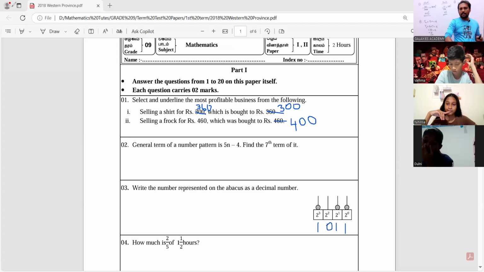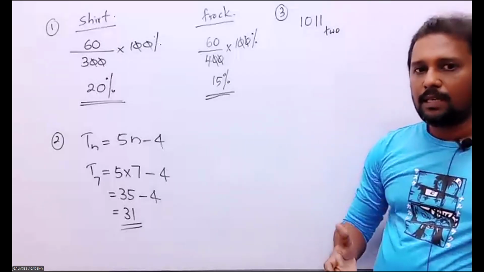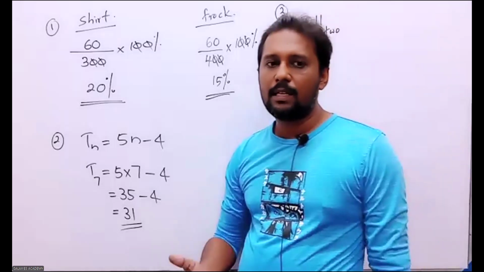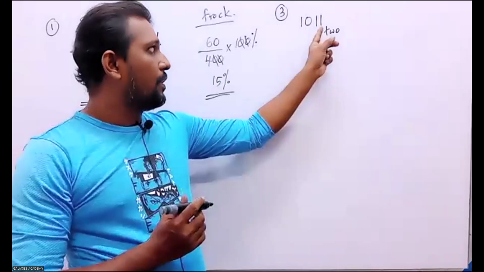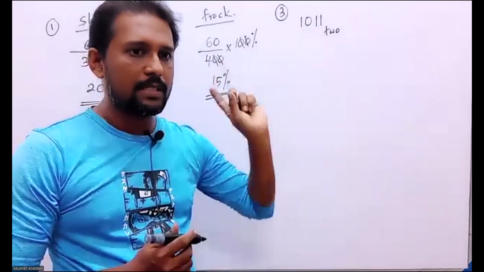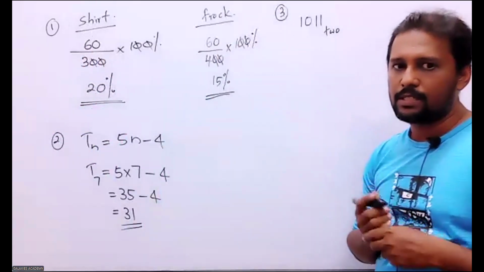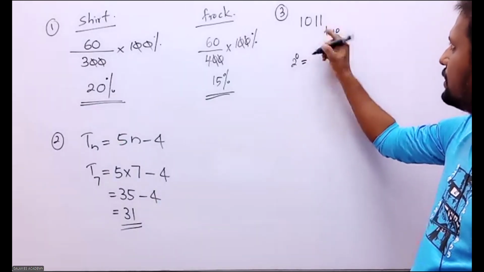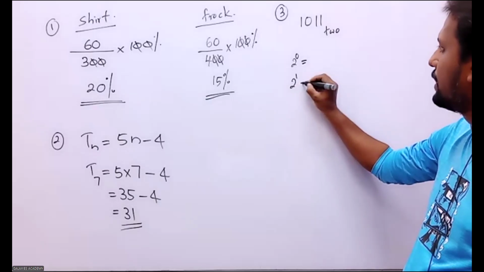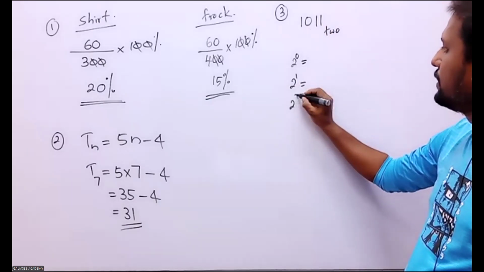Then this binary number you have to convert into a decimal number. Do you remember the method of converting binary numbers to decimal numbers? There are 4 digits given here. First, I can write the positions of them. This one is 2 to the power 0. This one is 2 to the power 1. This one 2 to the power 2.